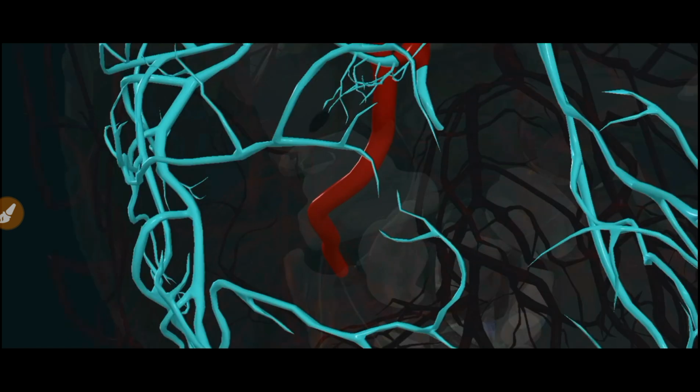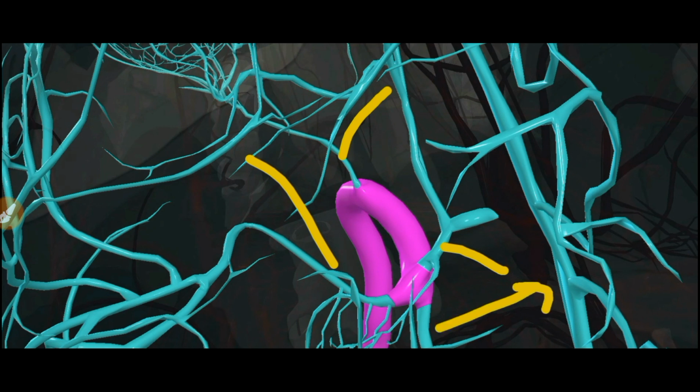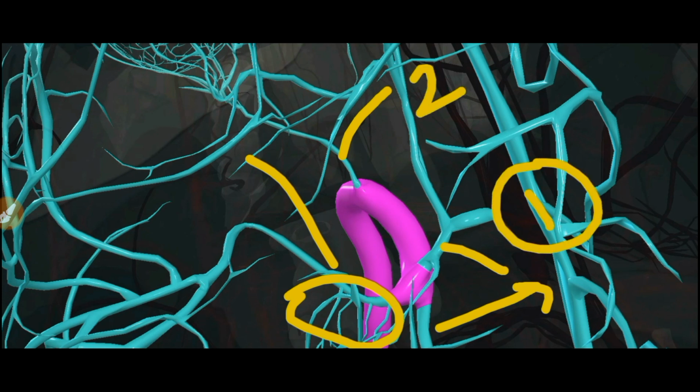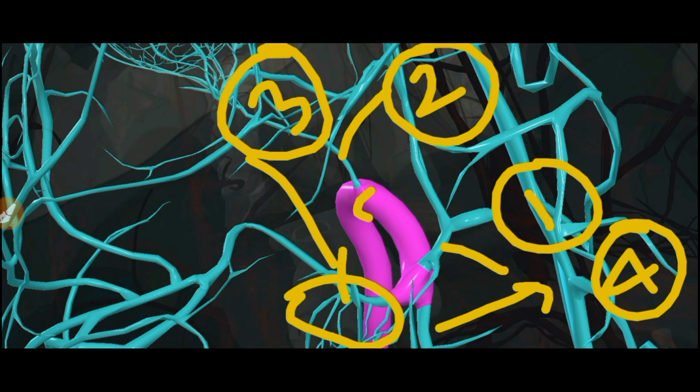If you again zoom in and see the 5 branches, here you can see the anterior cerebral, ophthalmic and middle cerebral, that is the posterior communicating, and here you will see the anterior choroidal branch. The 5 branches given are the anterior cerebral, ophthalmic, this one is middle cerebral, the fourth one is posterior communicating, and this is the anterior choroidal.